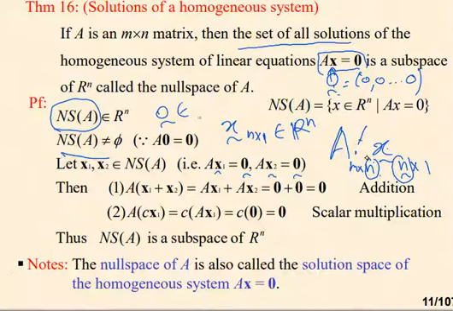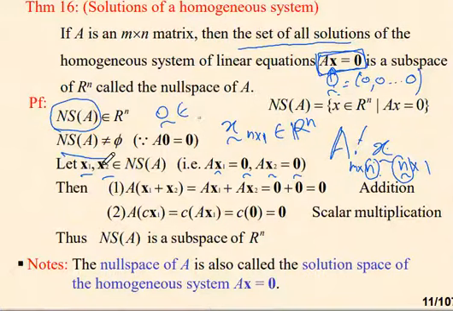If you pick any two arbitrary solutions, we have to show this set is closed under vector addition and closed under scalar multiplication.